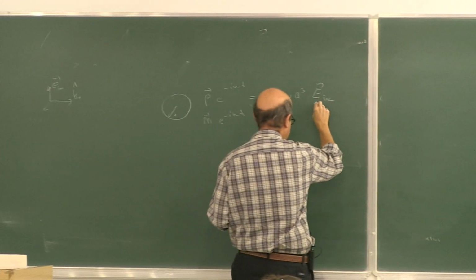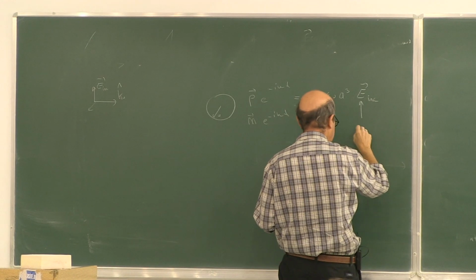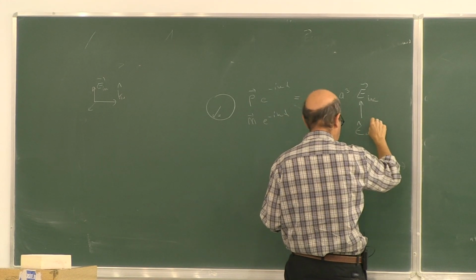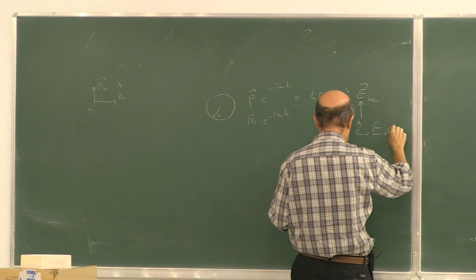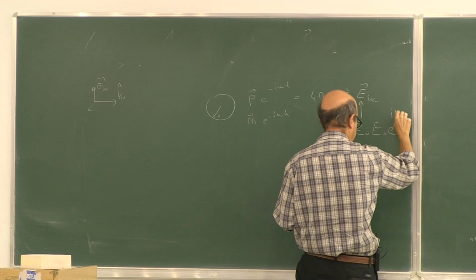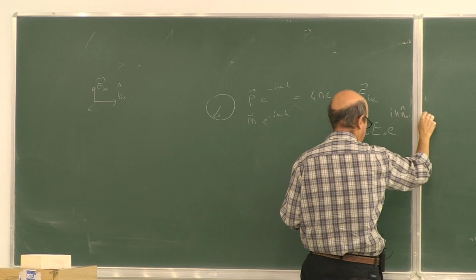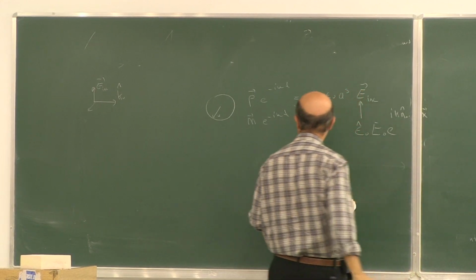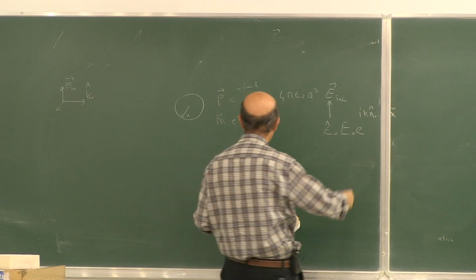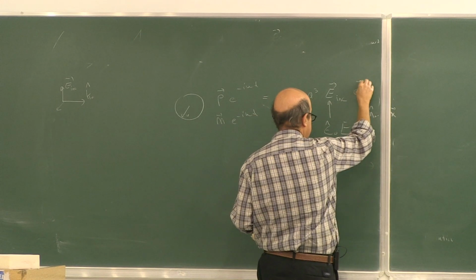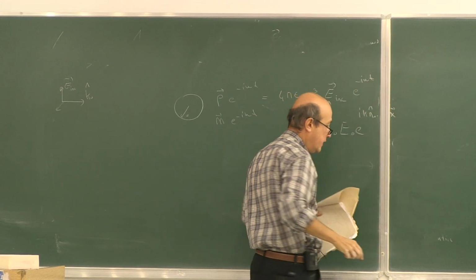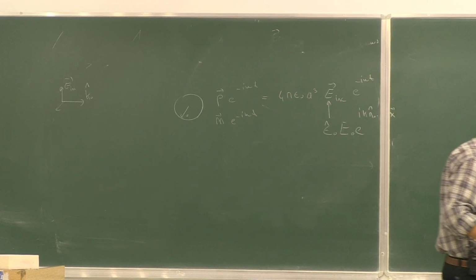And what is this? We are saying that it has some incident polarization, amplitude, and phase of the wave. And this will oscillate at frequency omega, which is the same frequency as the electromagnetic wave. This is trivial.